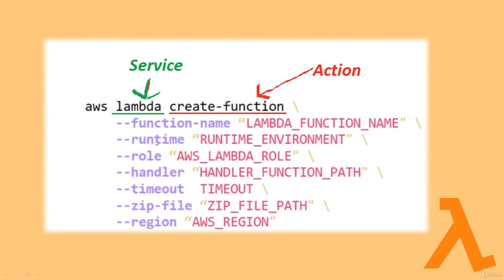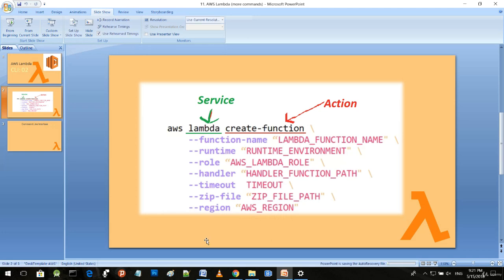Then the action, the particular command, for example create-function. Then we need to provide function name, runtime, role, handler, timeout, zip file, and region. As Lambda services are basically regionless, if you want to leave this part, you just do not write that thing.